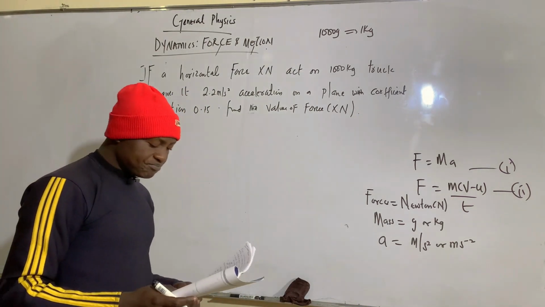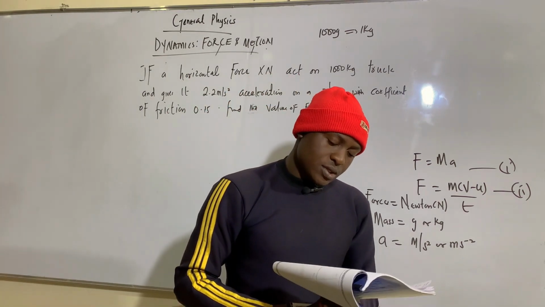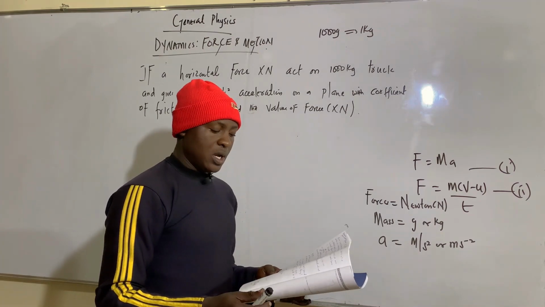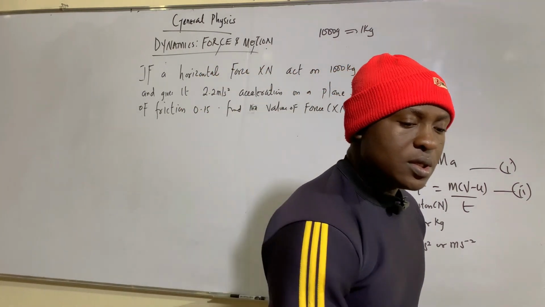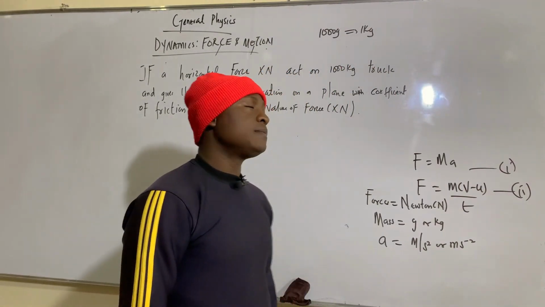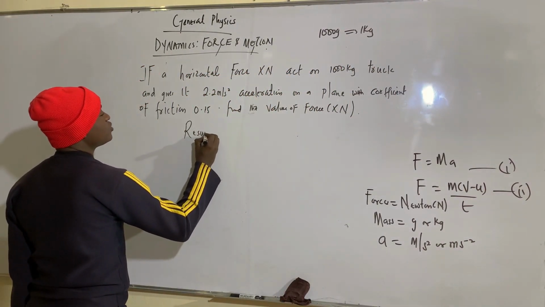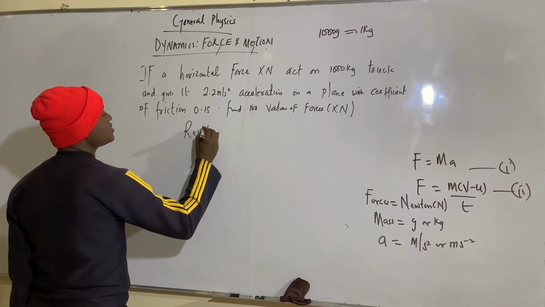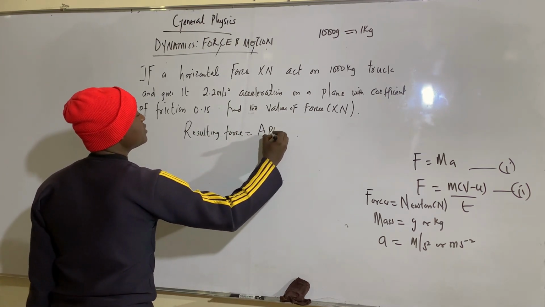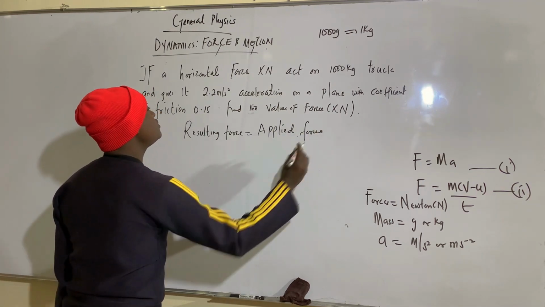Here I just have to explain the main concept so that you'll know how you are going to solve this one. Here, what you need to do is that the resulting force must be equal to the applied force.